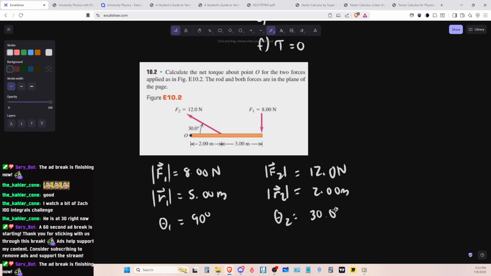That's the thing that I'm concerned about. Because we want to know the net torque on O. The thing is that F2 is not pointing on the distance, but then again it's still the force between, so maybe it doesn't matter.